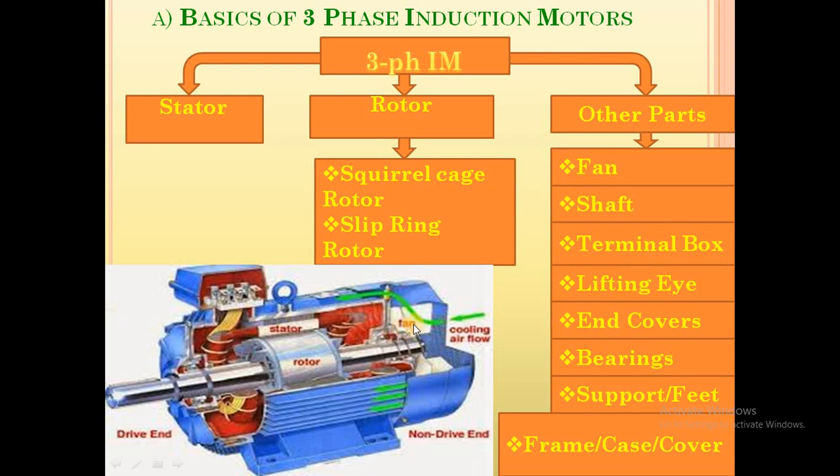The fan is used for cooling purpose, and there is no need to give external supply; as the shaft rotates, the fan also starts to rotate. And the frame, we can call it frame, case, cover or protection cover, which protects the internal parts of the machine. And the last, support or feet.